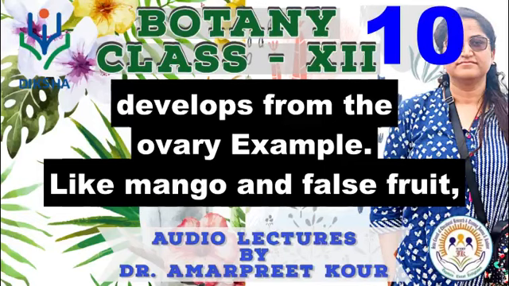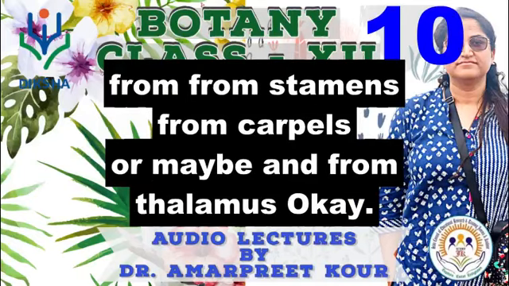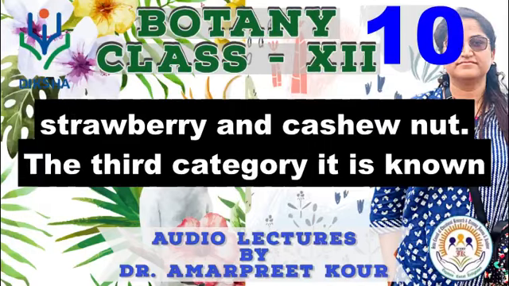Example, mango. A false fruit is a fruit that develops from any other floral part, like stamens, carpels, or the thalamus. This is known as false fruit. Examples we have are apple, strawberry, and cashew nut.